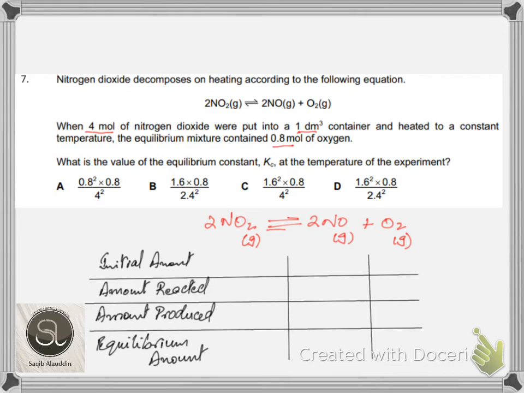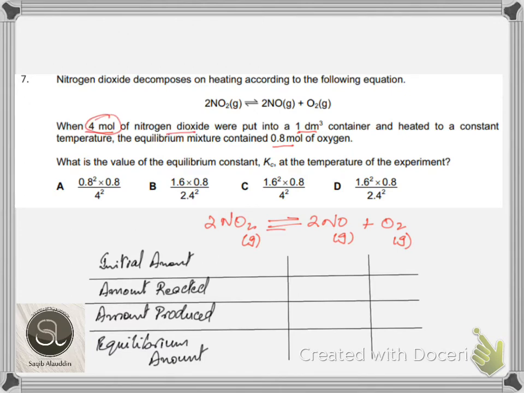Now, before we calculate the equilibrium constant Kc, we first again need to know the equilibrium amounts of all reactants and products, because in the expression of Kc you need to put the equilibrium amounts of the reactants and products. So let's start doing this. Now it says you had 4 moles of nitrogen dioxide.